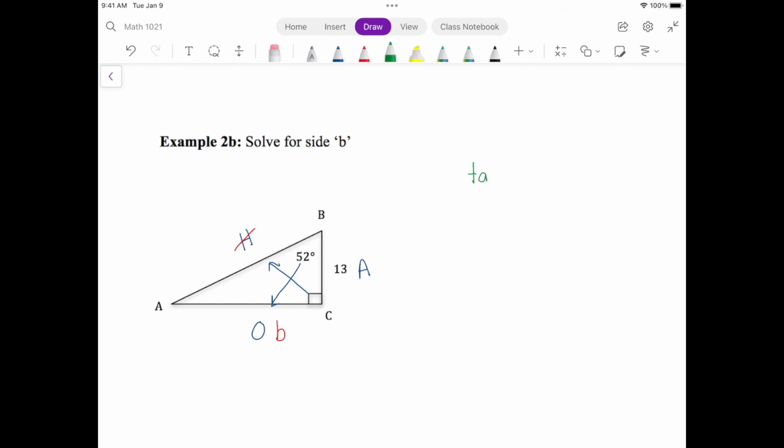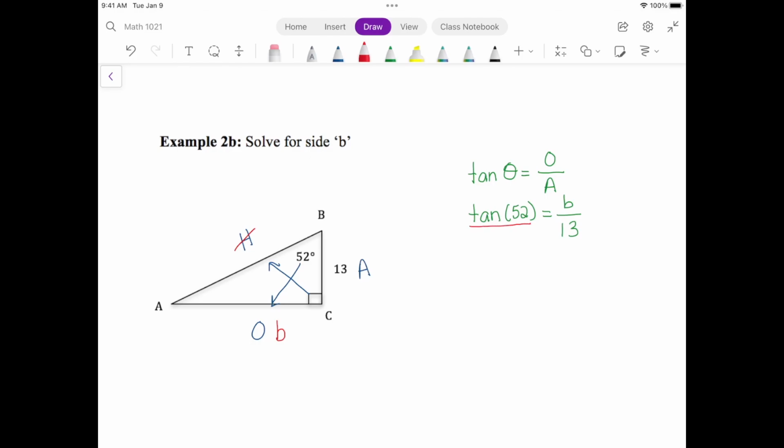So tan of my function is opposite over adjacent. So in this case, tan of 52 is equal to side B over 13. And I'm going to use cross multiplication to expand.